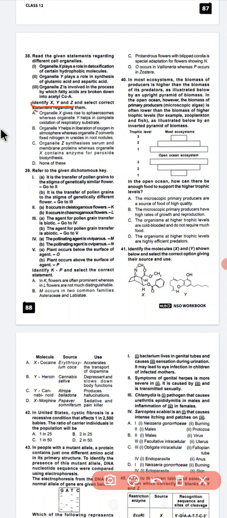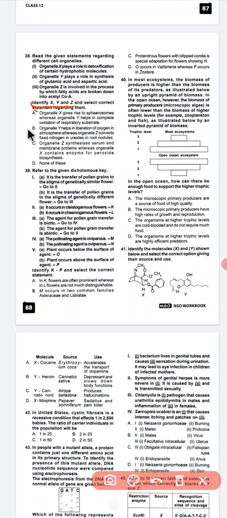Now here the first one is that organelle X gives rise to spherosomes, whereas organelle Y helps in complete oxidation of respiratory substrate. Organelle Y helps in liberation of oxygen in the atmosphere, whereas organelle Z converts fixed nitrogen in ureides in the root nodules.